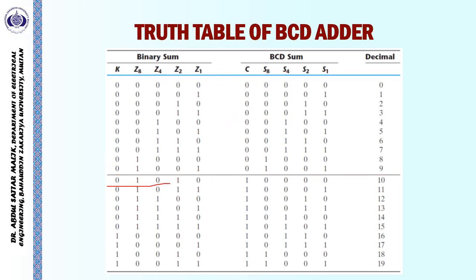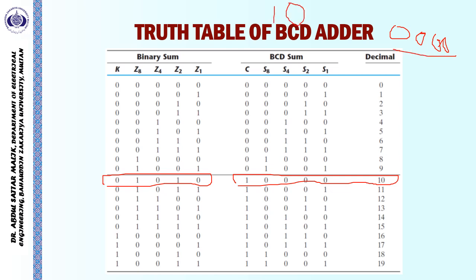But if the binary sum becomes 10, it should be reflected as BCD 10, and BCD 10 is actually 0, 0, 0, 0 for the first digit, because if we have a decimal number 10, then this 1 should be written as 0, 0, 0, 1, and this 0 should be written as 0, 0, 0, 0.